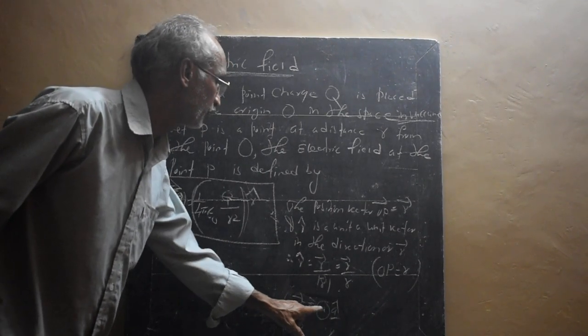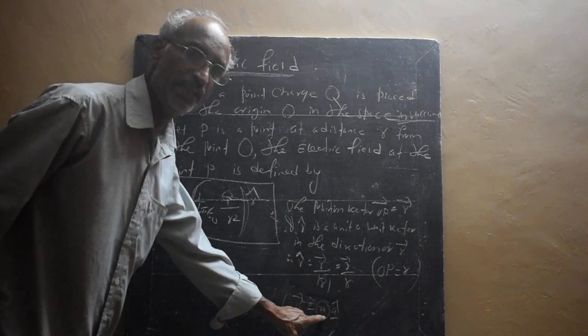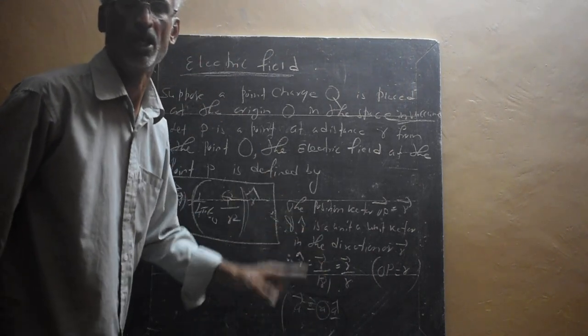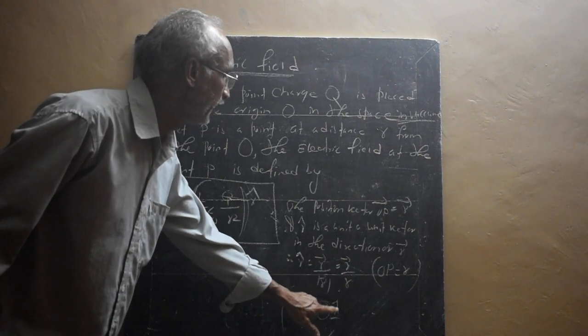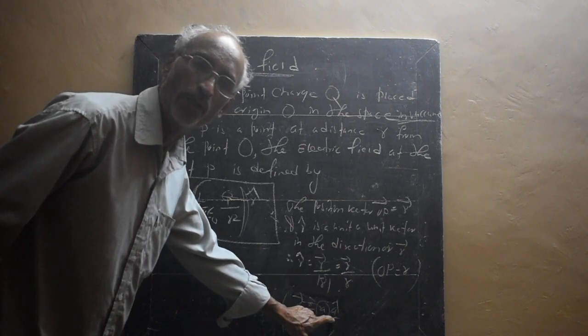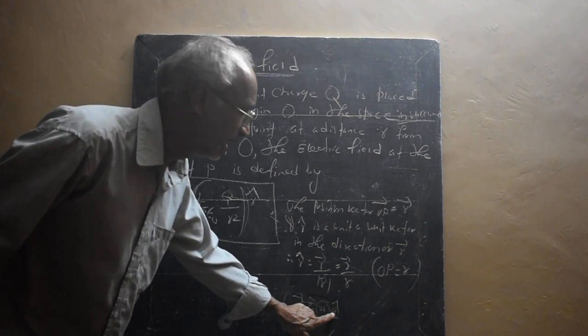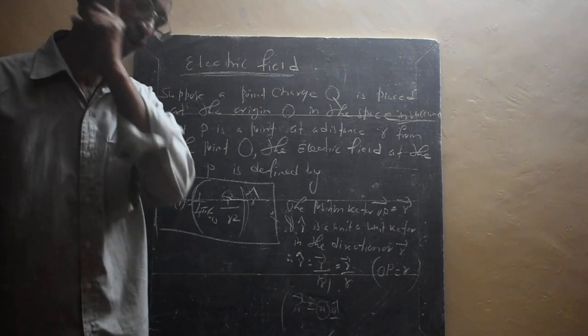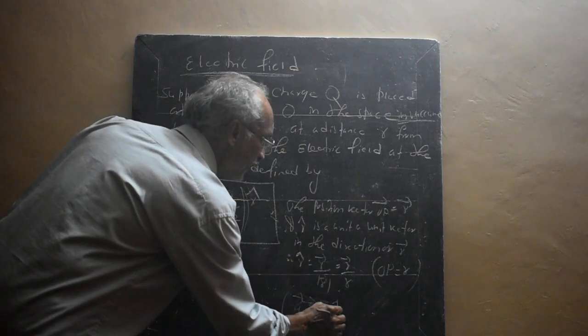So A is the magnitude of this particular vector. Magnitude means length, a numerical value along with the units. A cap is a unit vector whose magnitude is 1, and it especially gives the direction of the vector. Therefore, any vector A bar is equal to A into A cap.